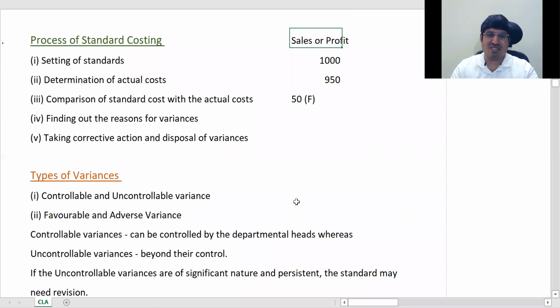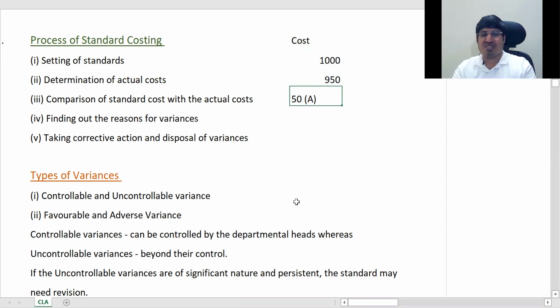Because sales, say, has to be 1000, but it is less now. So it is a bad situation, so it is adverse. Just remember that for cost and expenses, whatever standards you are using, for sales it will be the other way around. For cost, more cost is bad, but more profit is good, right? So it's like that.